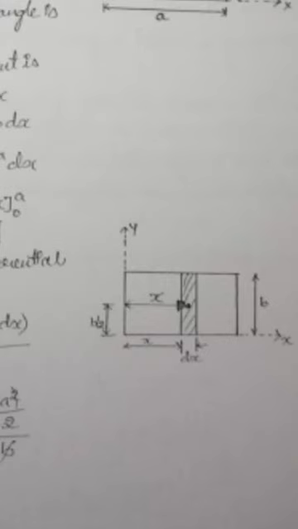One is the x distance and the other is the y distance, as shown here. dx is the smallest area, and for that smallest area you get a centroid CG, which I have shown as a dot. Now you have to determine the CG of this rectangular section.